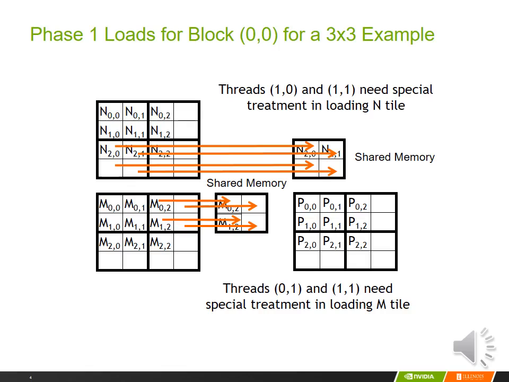Now let's turn our attention to the loading of the N tile. The loading of the N tile in this phase will involve thread 10 and thread 11 trying to load non-existing N elements. This is a little bit different from the M case because those non-existing N elements are going to be totally outside the valid range of the N data.